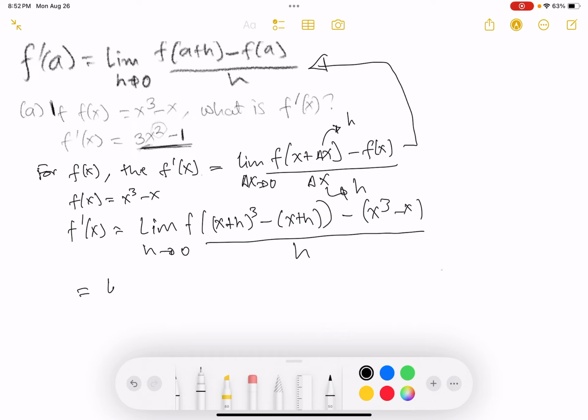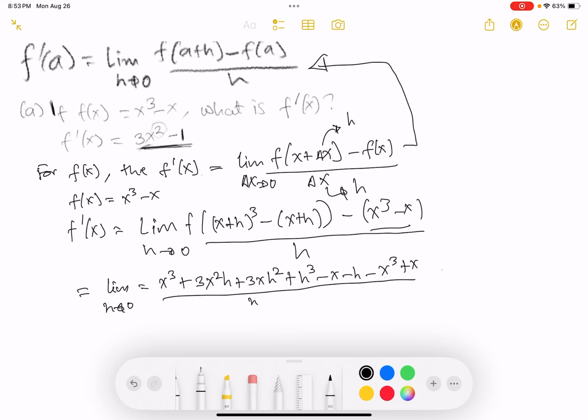This is equal to the limit as h tends to 0 of x cubed plus, when you open this expression up, 3x squared h plus 3x h squared plus h cubed, now minus x minus h, now minus this part right here, so minus x cubed plus x, over h.